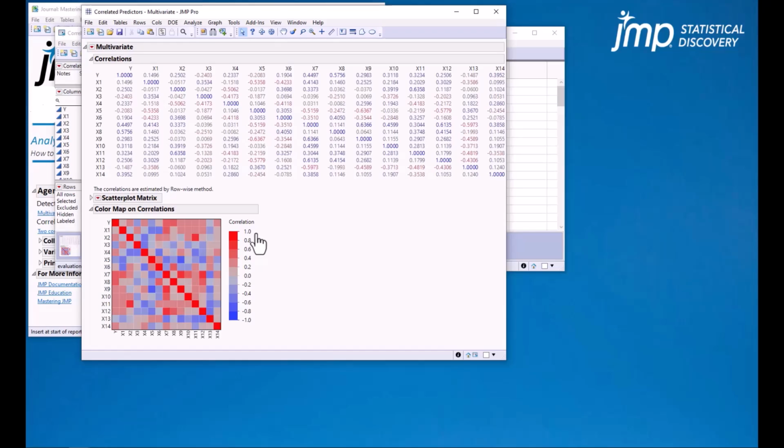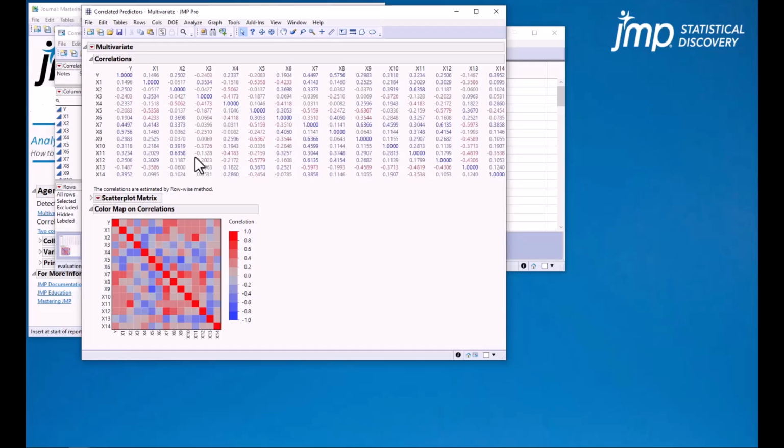Red is a positive correlation and blue is a negative correlation, and the grays are near zero. You can hover over a square to get the value of the correlation. So here we can see the correlation between x11 and x2 is about 0.6, and in the table we can see x11 and x2. That correlation is there as well.